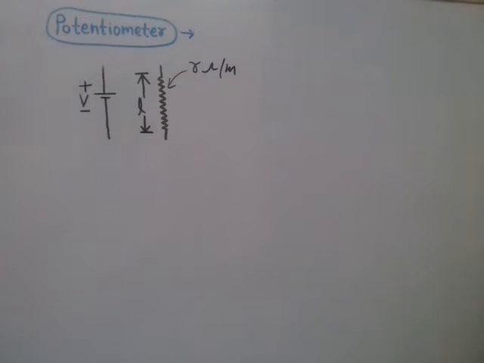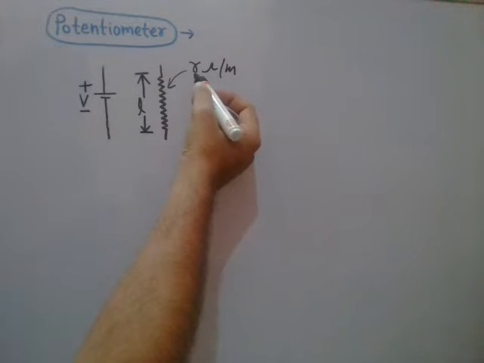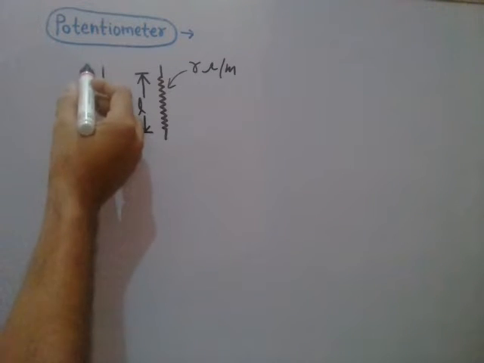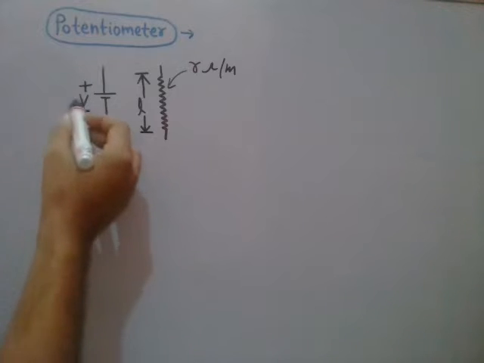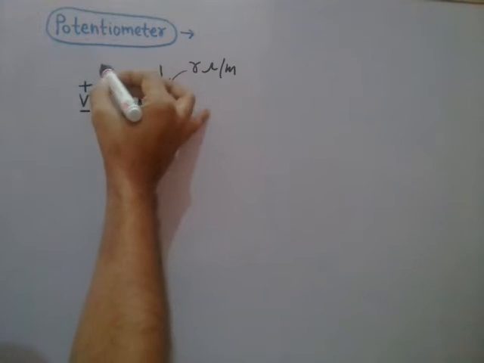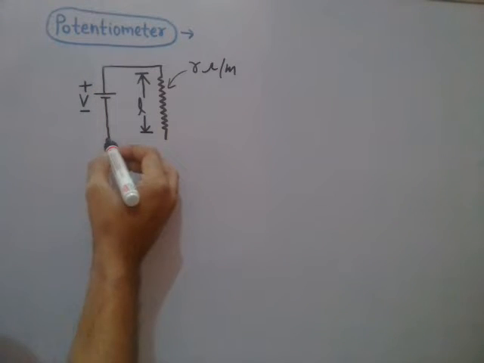That is, for unit length, the resistance of the wire is r ohms. And here this is a DC battery of voltage V that I am going to connect across length L of this wire.